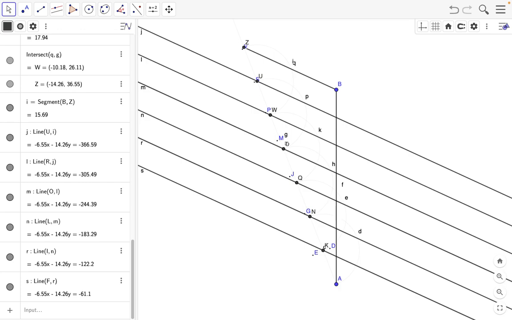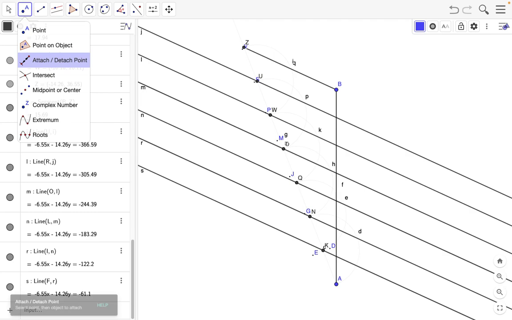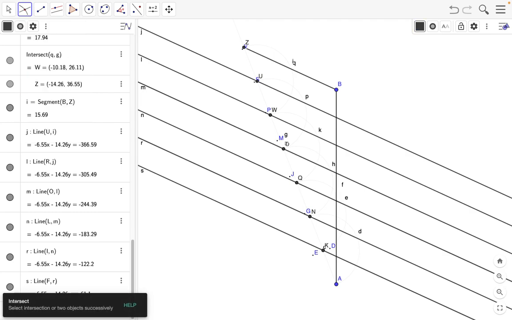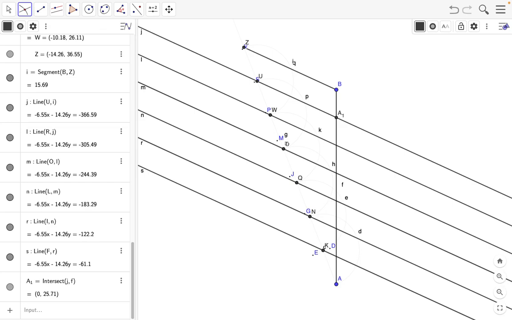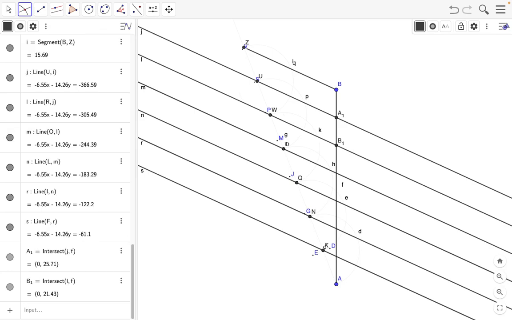Now we will determine the point of intersection between this line and this AB line. So let us draw that point of intersection, that is the intersect command. So this and this. In the same way we will determine for the other lines.